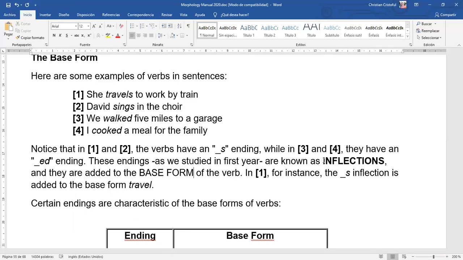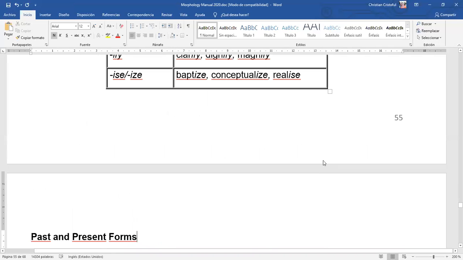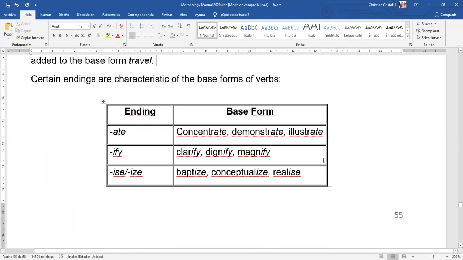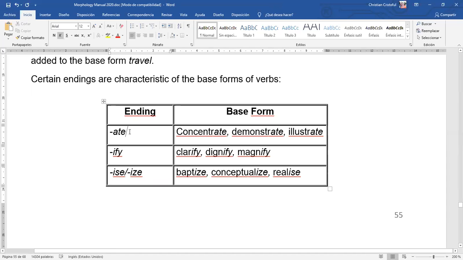In number 1, for instance, the S inflection is added to the base form travel. So we can have certain characteristics of base form. They have suffixes, and we studied suffixes before, like -ate, -ify, -ize. So suffixes are added to roots. Suffixes are added to base forms. So it's just terminology.